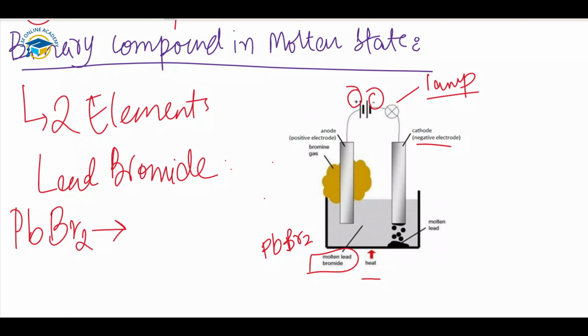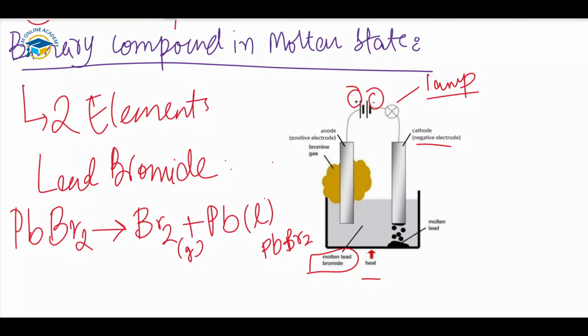When lead bromide is converted into the molten form, it breaks into lead, which is in liquid form, and bromine, Br2, which is present in the gaseous form because bromine is a gas.